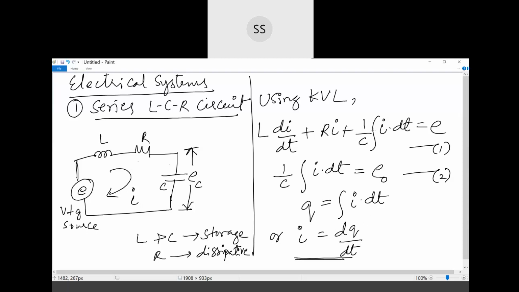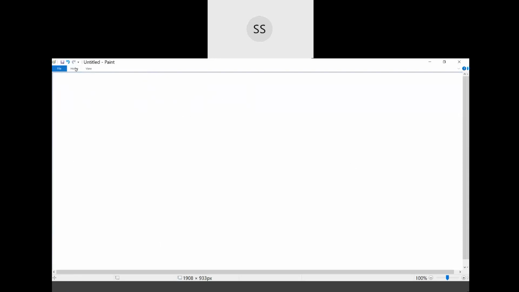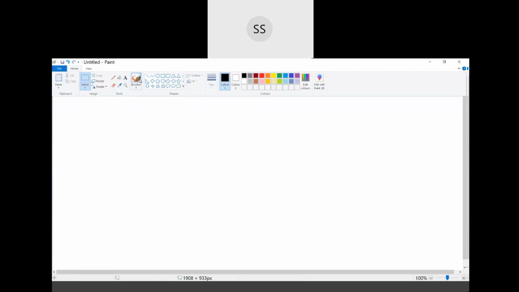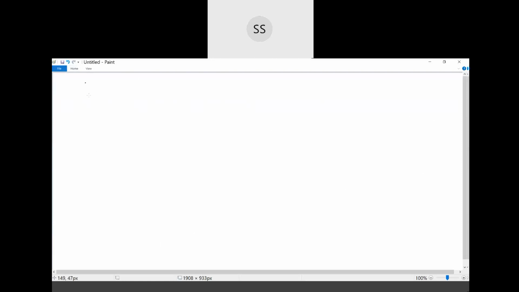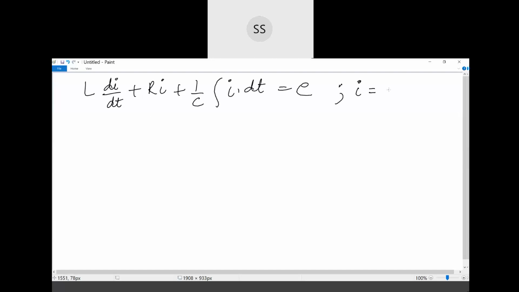So by substituting I equal to dq by dt in equation 1, we can rewrite it. What we have actually is L di by dt plus R I plus 1 by C integral of I dt is equal to E. This is our basic equation. Now we are replacing the I term, where I is nothing but dq by dt.